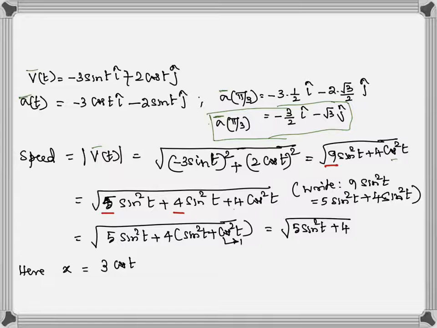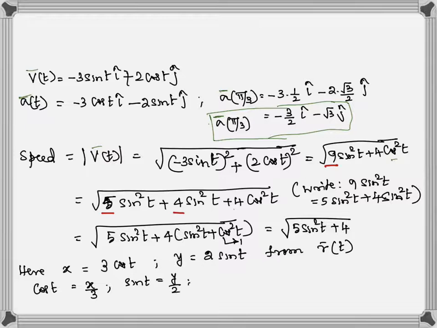Now, x equals 3 cosine t and y equals 2 sine t, which we find from r of t by writing it in parametric form. If you isolate cosine t and sine t and use the Pythagorean identity, we will get the path of the particle. So cosine t is x over 3 and sine t is y over 2.